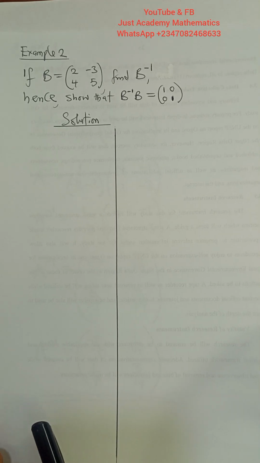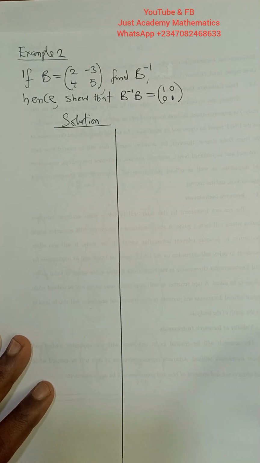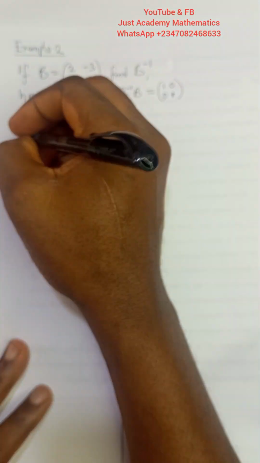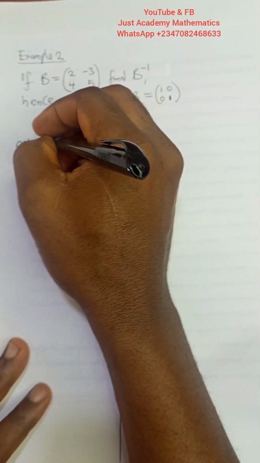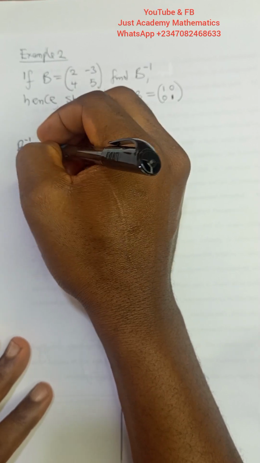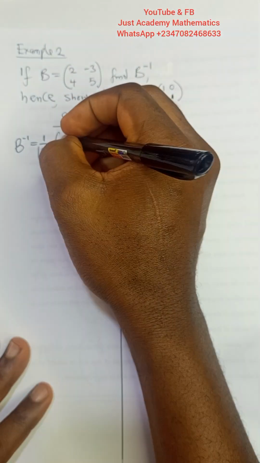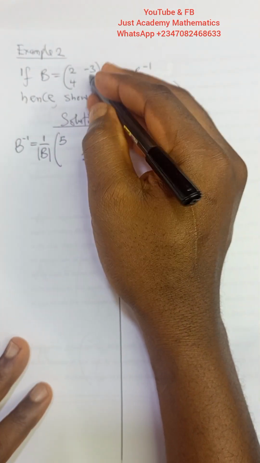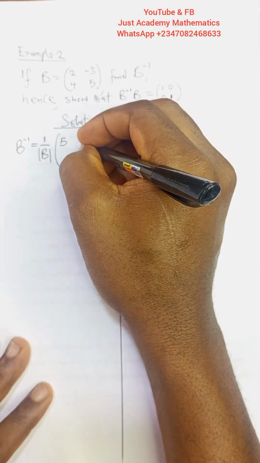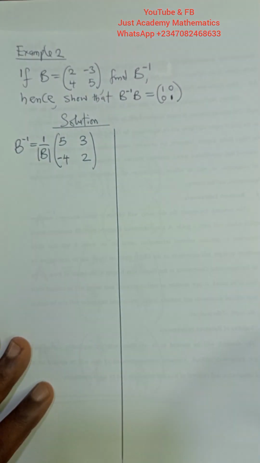We're going to show that, but before then we need to find B inverse. And to find B inverse, you already know the procedure: B inverse is equal to 1 over the determinant of B, times, we swap again, 5 will come up, 2 will come here, then we multiply these 2 with minus. So this one will turn to plus 3, while this one will turn to minus 4. Are you with me now?